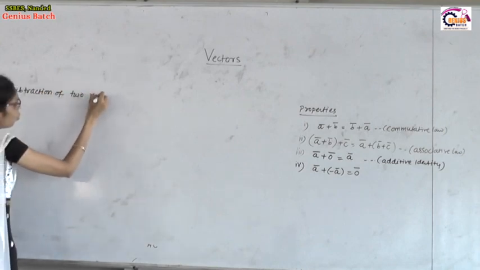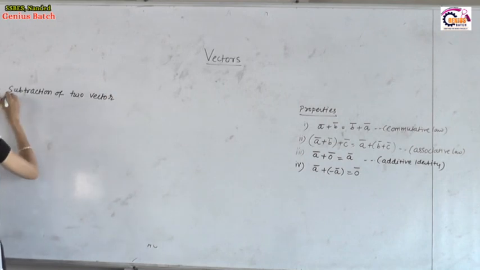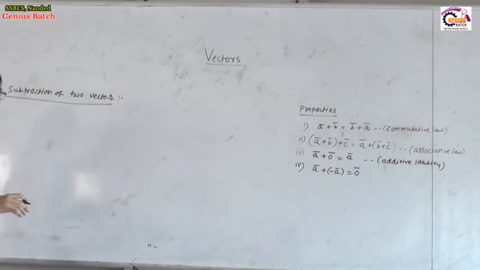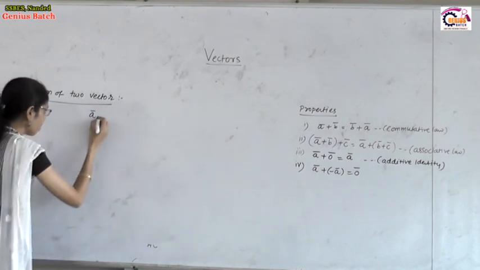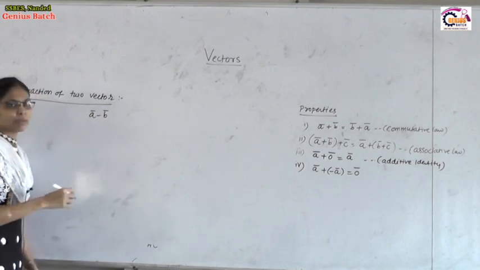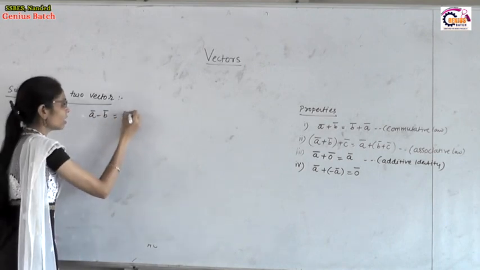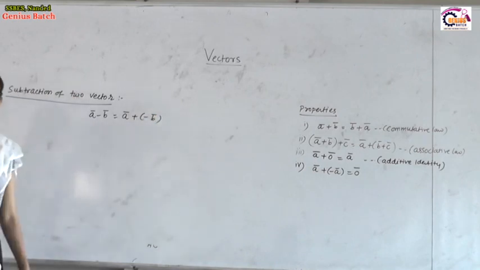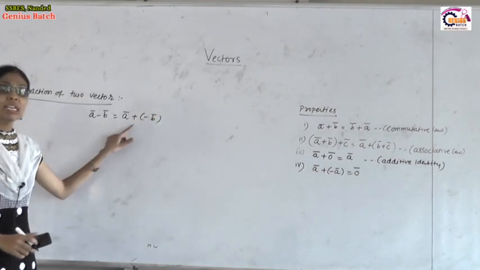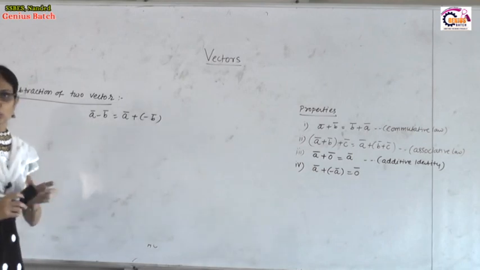Subtracting one vector from the other is nothing but adding the negative vector. If vector A and vector B are two vectors, then vector A minus vector B is vector A plus minus of vector B. That is, I am adding a negative vector to a vector.